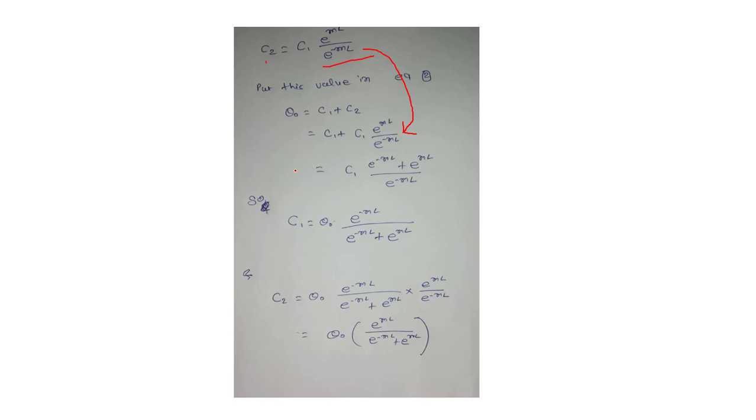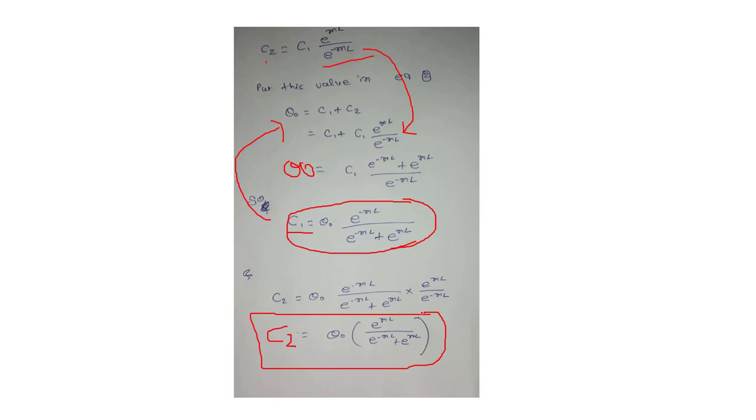So this is the equation for theta 0. Taking c1 as the subject, c1 is equal to theta 0 e raised to minus ml upon (e raised to minus ml plus e raised to ml). This is the equation for the first constant c1, and putting this value in theta 0 is equal to c1 plus c2, we get the equation of c2. So we have the two values of c1 and c2 for our second case.